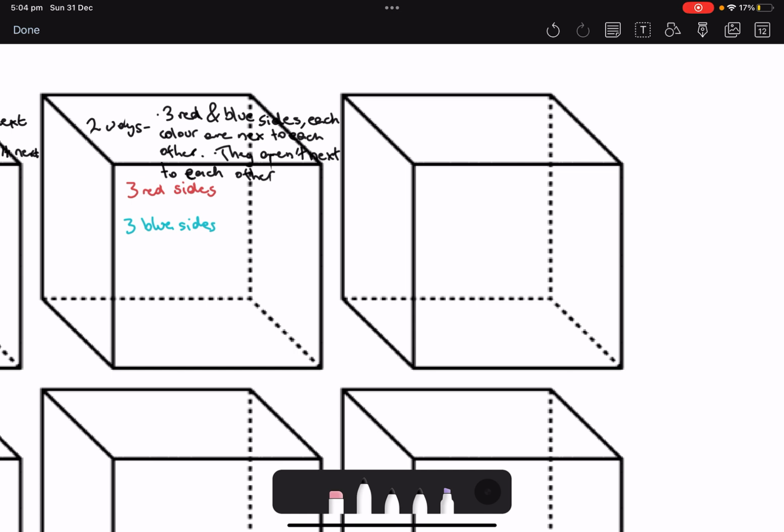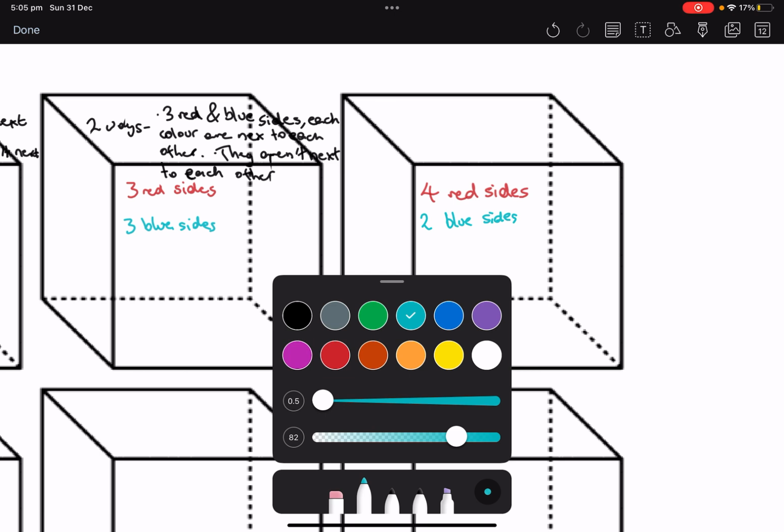Okay, then for the next one, we could have 4 red sides and 2 blue sides. Again, we could have 2 ways of doing this.